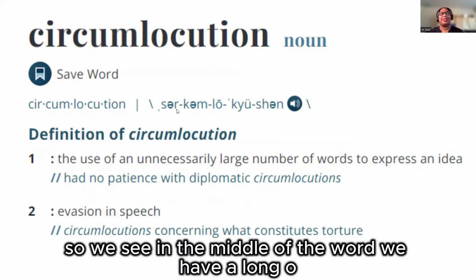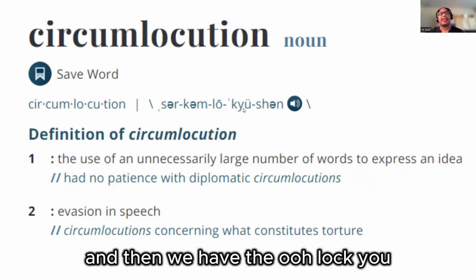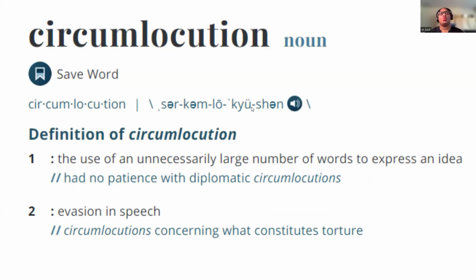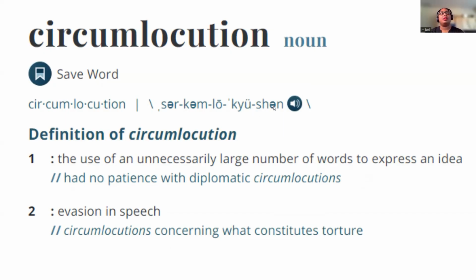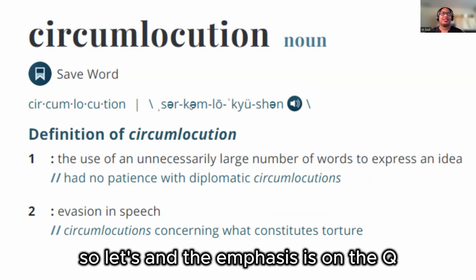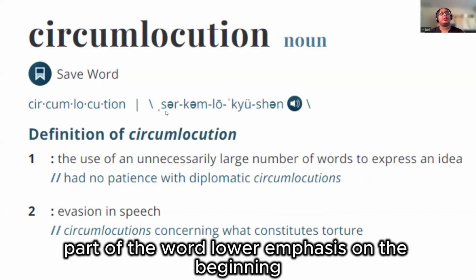Next, we have this one. 1, 2, 3, 4, 5 syllables. So we see in the middle of the word, we have a long O, "low." And then we have the umlaut, "Q." And then we have the schwa. The emphasis is on the Q part of the word, lower emphasis on the beginning.